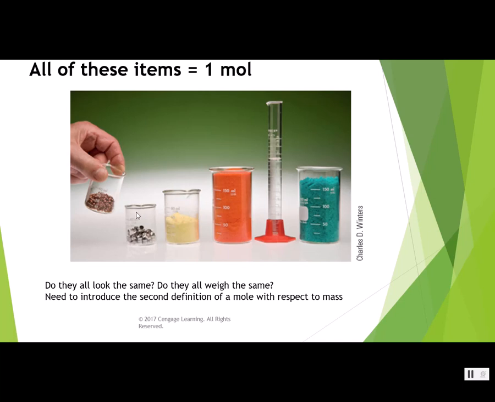All of these are representatives of 6.022 times 10 to the 23rd, but they sure all don't look the same, and they sure all don't weigh the same. This metal is probably going to be weighing more than this orange solid, and this liquid, we know the volume of it, but all of these look different, even though they are 1 mole.